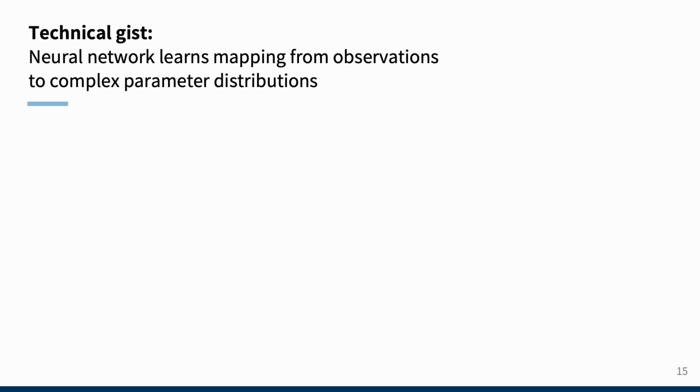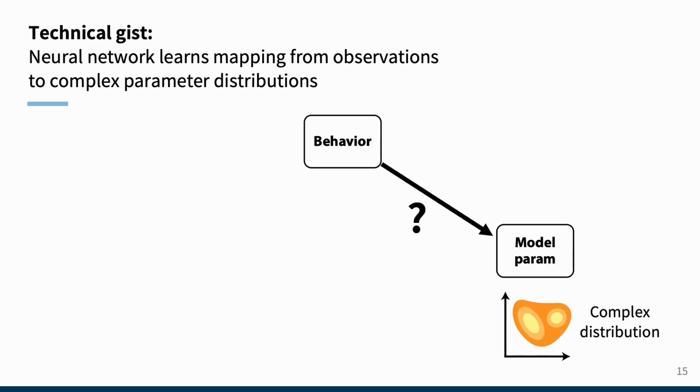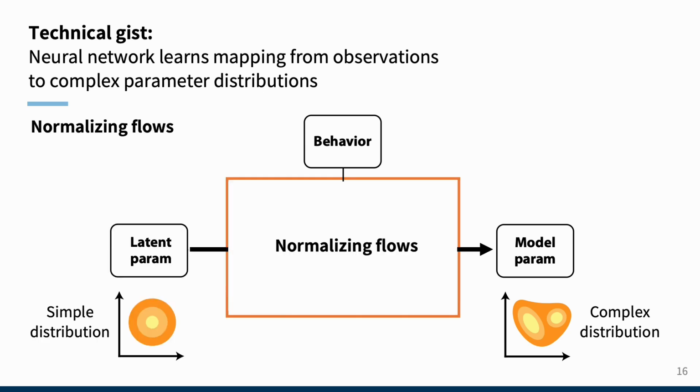The main technical challenge of amortized inference is to identify complex distributions of model parameters from observation data using a neural network model. Estimating this complex distribution has been a difficult problem in machine learning. But thanks to a recent deep learning technique called normalizing flows, we now can tackle this challenge.